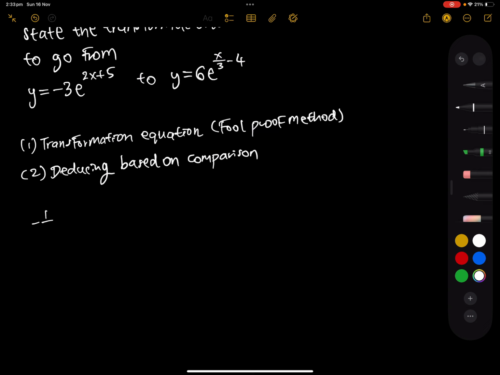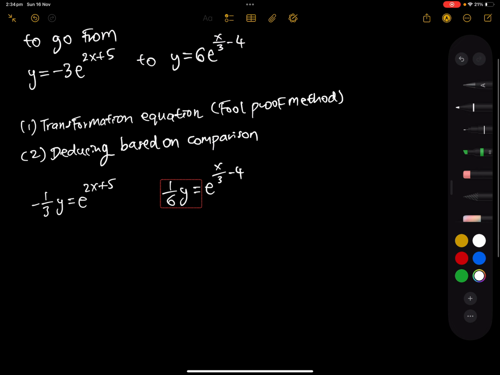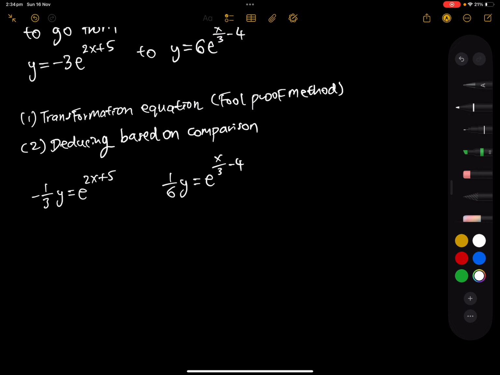So that'll give us -1/3y equals e 2x plus 5. And for the image function, divide both sides by 6, gives us 1/6y equals x on 3 minus 4. And I want you to put it in this form.